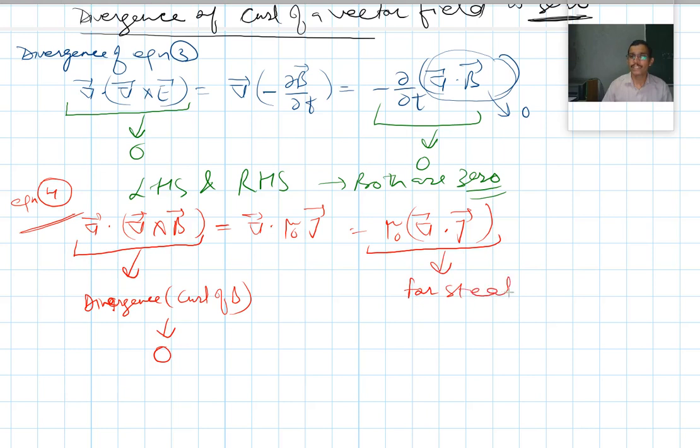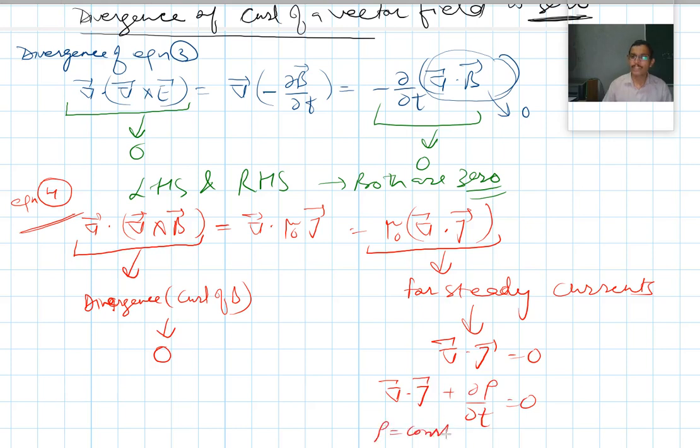for steady currents, del dot J is equal to 0. This is from the equation of continuity: del dot J plus del rho by del t is equal to 0, and rho is constant for steady currents.